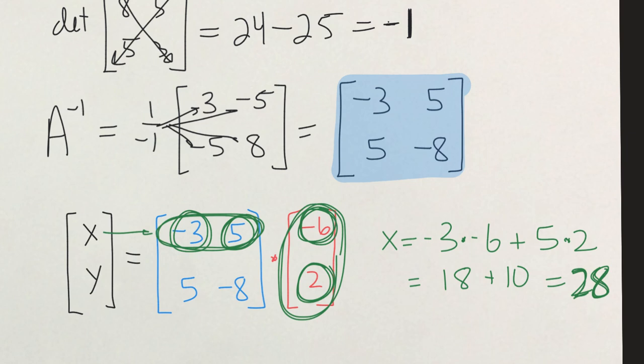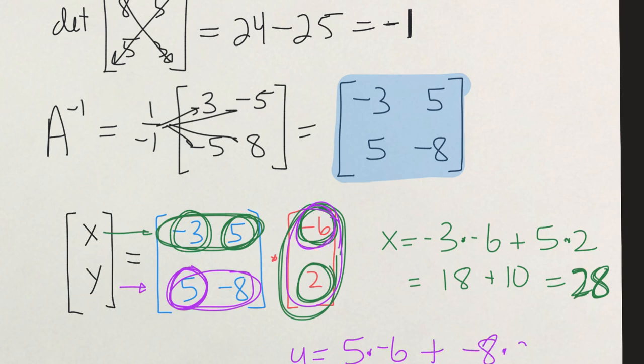And now we find y. So we use the bottom row times this same column. So y equals 5 times -6, the first position on the bottom times the first position of your column, plus -8 times 2, second position times second position.